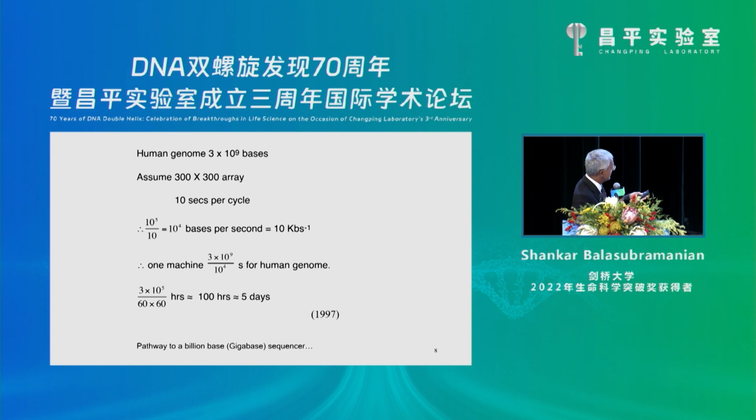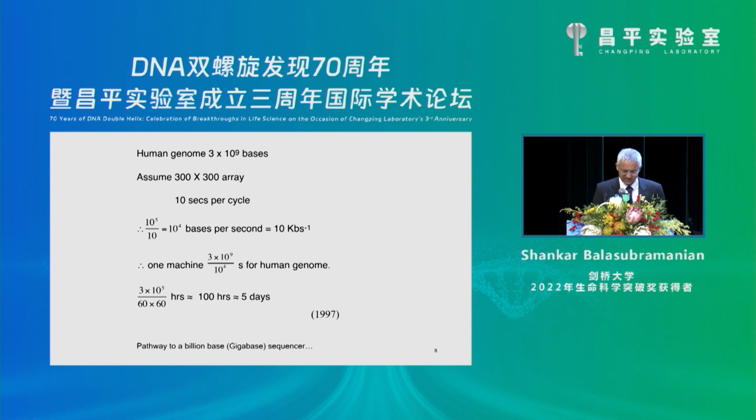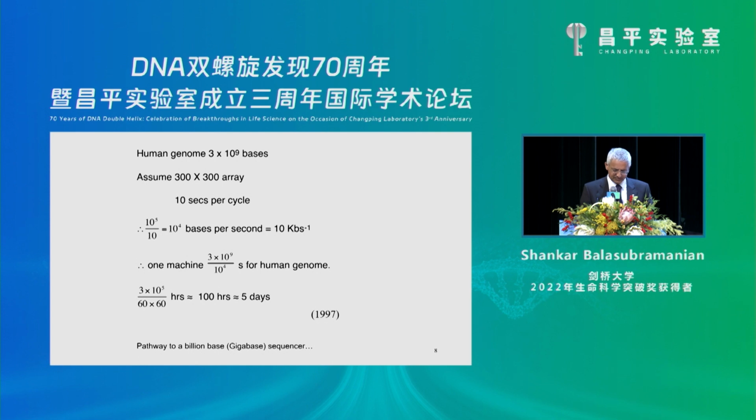But taking an array size and the kinetics of single nucleotide incorporation by a polymerase, we calculated that it would be possible to build a system that could sequence on a scale of billions of bases per day or a few days. That was the thought experiment. And these early proof of concept experiments led us to form Solexa in 1998.